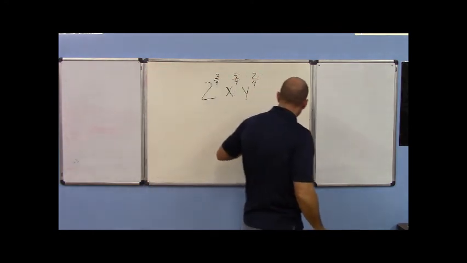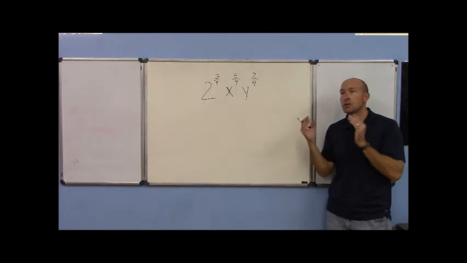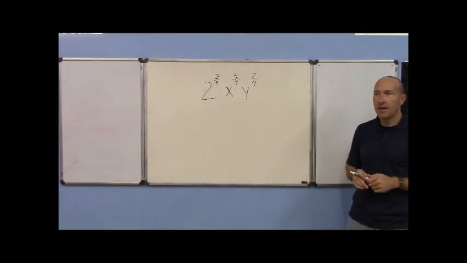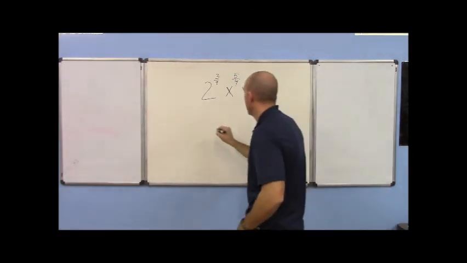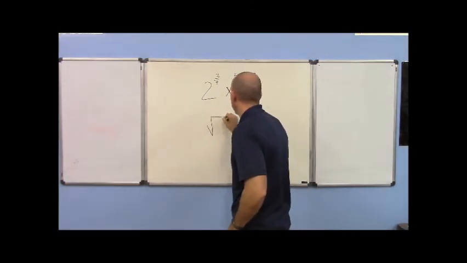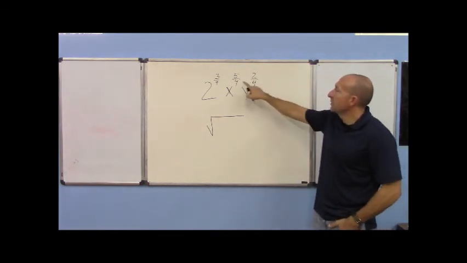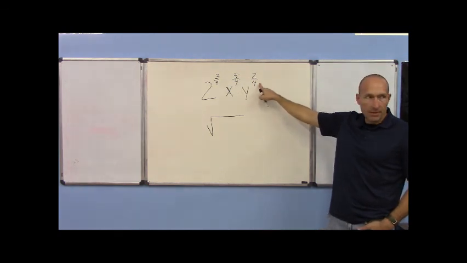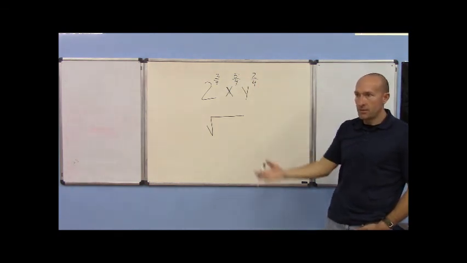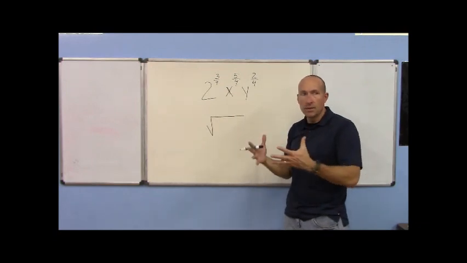Okay, this is in what form? Exponential. Exponential, very good. Let's change it to radical form. How are we going to do that? Radical form means that we have a radical sign. We look at our denominator. They are all the same denominator. We have a common denominator in the exponent. That helps us. If we don't have that, that causes some issues. We just have to do things differently.